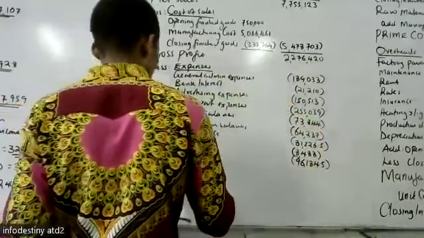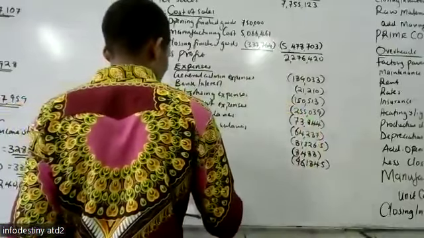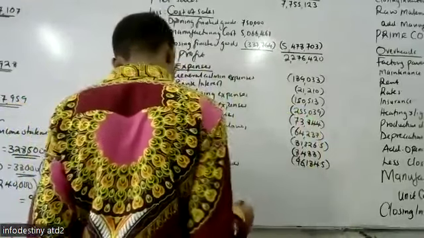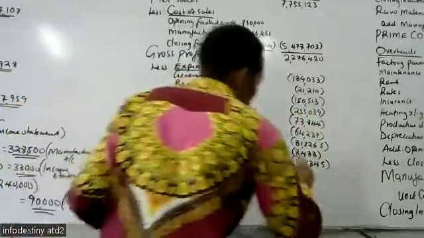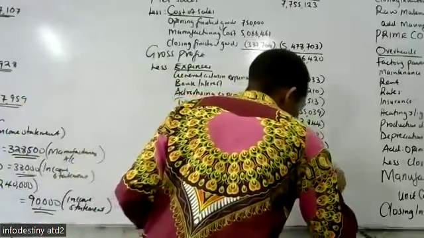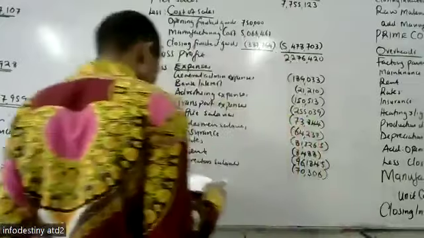Next is directors' salaries. The directors' salaries we adjusted. We deducted 20, so it remains 7306.